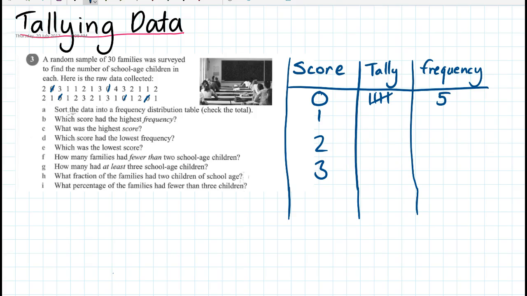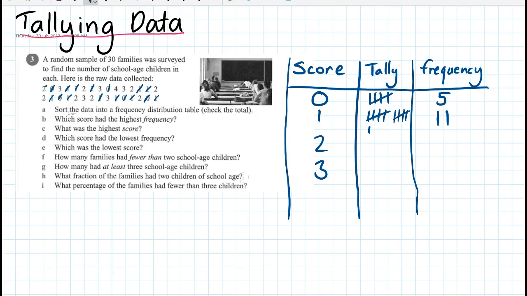Now we go to ones. 1, 2, 3, 4, 5, 6, 7, 8, 9, 10, 11. That's 11.